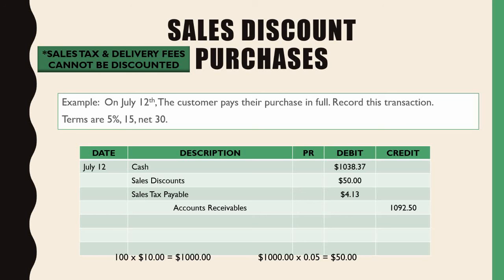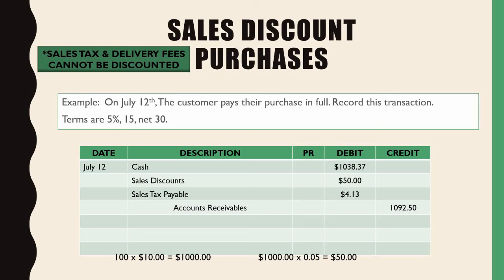We recognize that the customer purchased 100 hats at $10 each. So the only number that we can discount is the $1,000. Because they received a 5% discount, 5% of $1,000 is $50. That is what you're going to put into your sales discount.